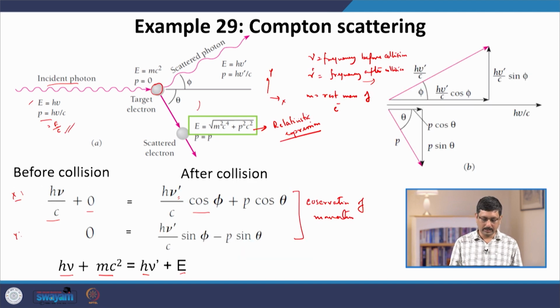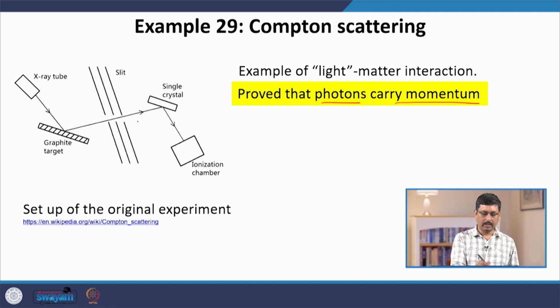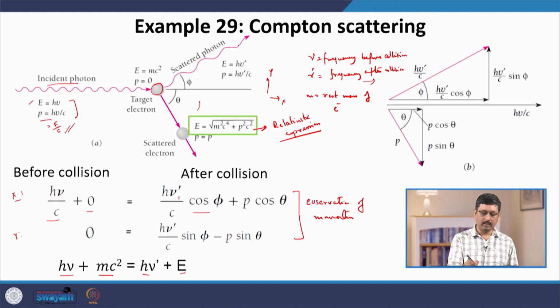So, what are the unknowns here? The known is the frequency of the incident photon. During the experiment we know the frequency of the X-ray that we are sending to hit our target electron in this crystal. We can also measure the angle phi directly in the experiment by looking at which direction the scattered X-ray is collected, but theta is unknown.